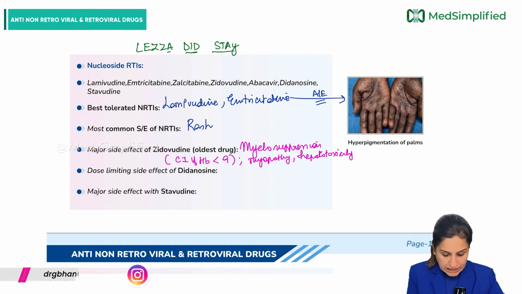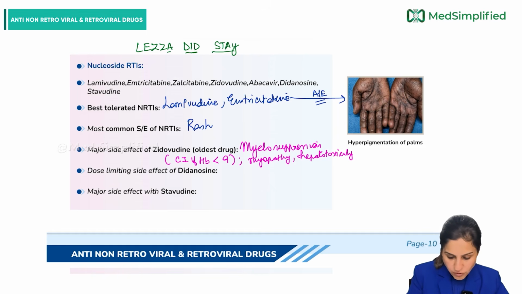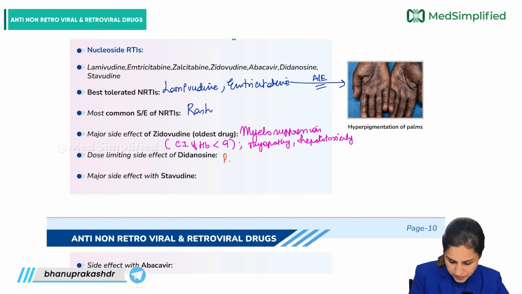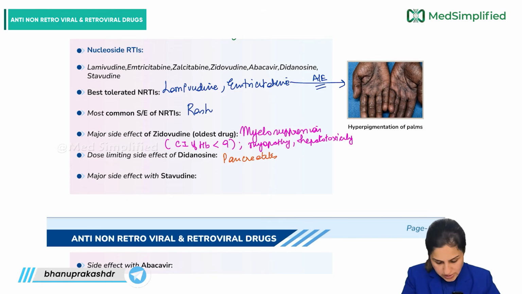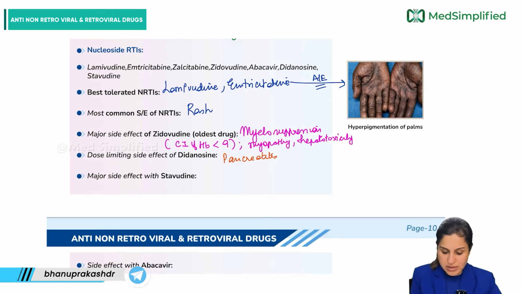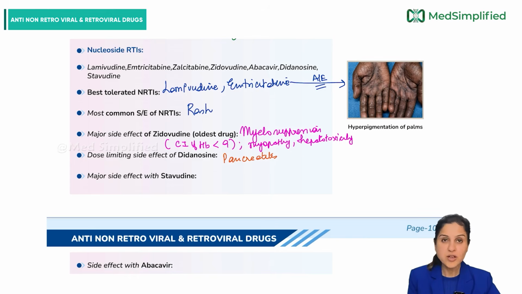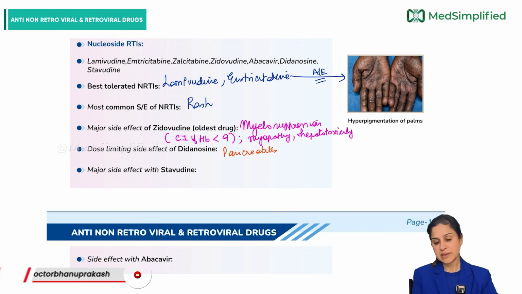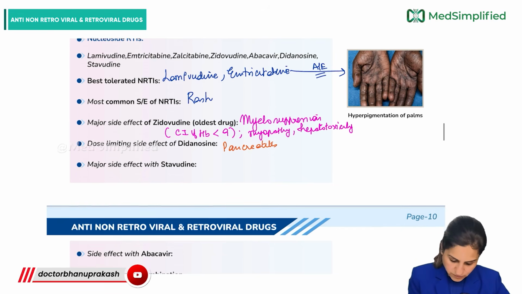Okay. Dose limiting side effect of didanosine, that is pancreatitis, right? So pancreatitis is the dose limiting toxicity, but didanosine can also cause peripheral neuropathy. Apart from this, it can also cause peripheral neuropathy, but this is a dose limiting side effect.